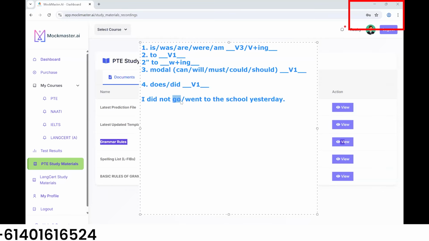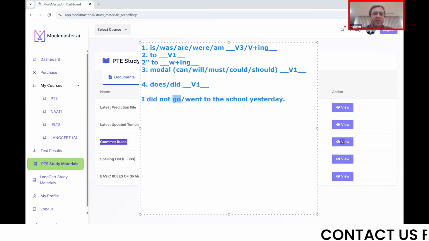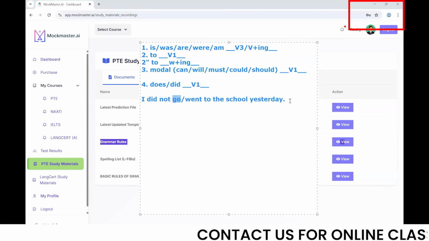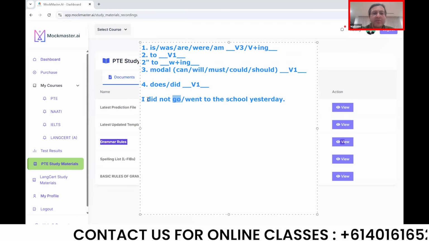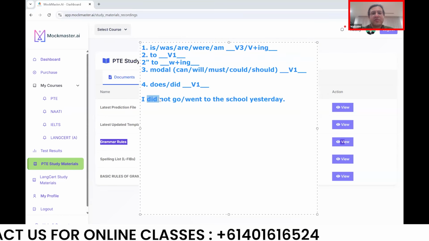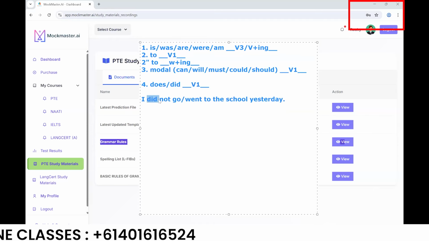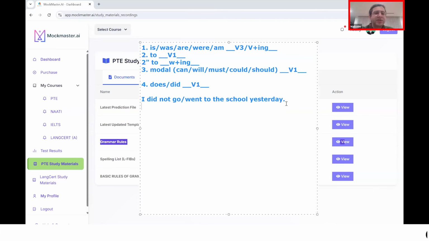Go. The first form, not went, not the past form. Why not went? Because normally we say I went to school yesterday, but I'm saying no with the word did. Did is there, no? Not gerund. Gerund was -ing after "to".